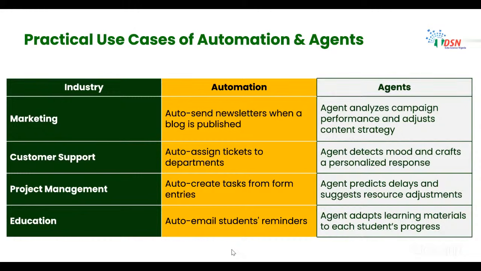So as you leave this class, you understand that there are just minor differences: while automation might just require you to drag and drop, no code alone, an agent might require you to use much more complex tools, beyond just the drag and drop features in other tools like N8N, Make.com, Zapier, or even Power Automate from Microsoft.